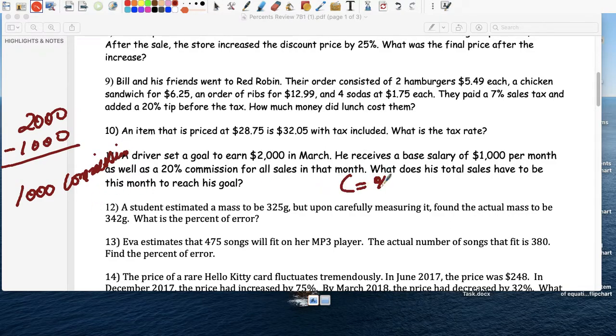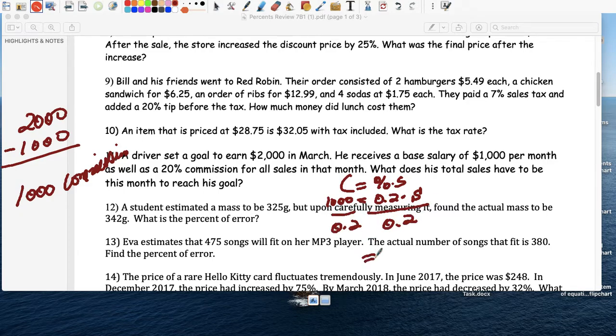So C equals percent times S. In order to make $1,000 in commission, which is C, the commission rate that they pay him is 0.20, or 0.2. And the sales is what I need to know. How much do I have to sell to make $1,000, earning 0.2 in commission? So divide by 0.2.